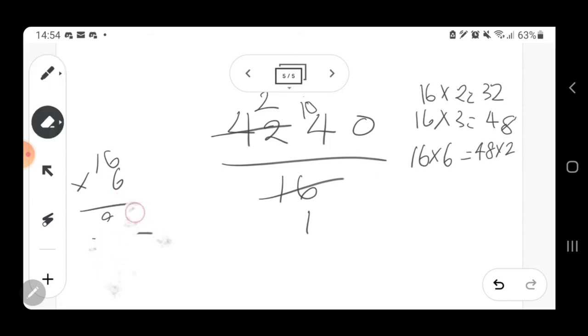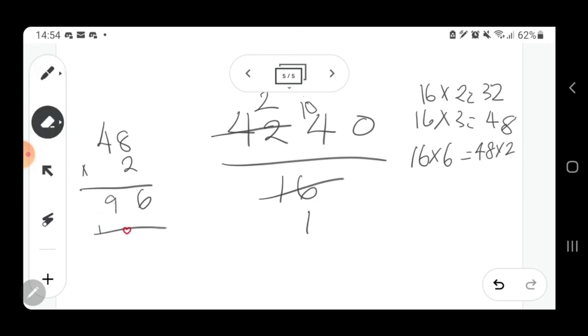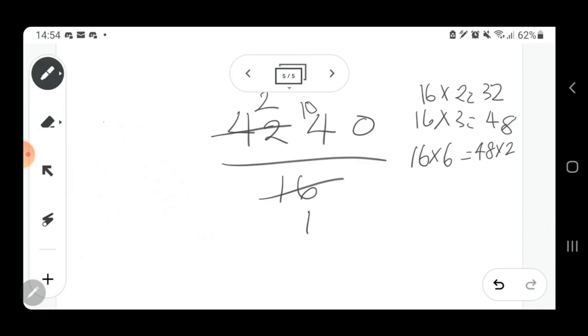Now I'm going to try and do 48 times 2 as well, so you can see. 48 times 2, 2 times 8 is 16, remainder 1, 4 times 2 is 8, add 1, 9. So you can see that for both sides we got 96. 16 times 6 is 96, 48 times 2 is 96. So that tells me that 16 times 6 is 96. See how I jumped from 48 straight to 96?